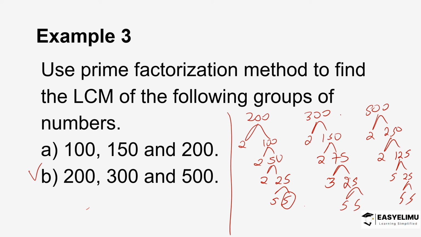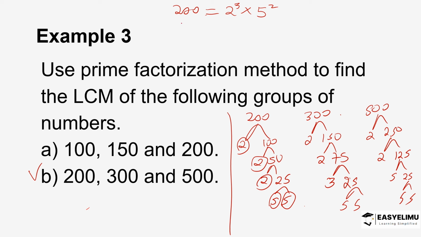So for 200, I will only pick this. So I have 200 is equals to 2 power 3 and 5 power 2.